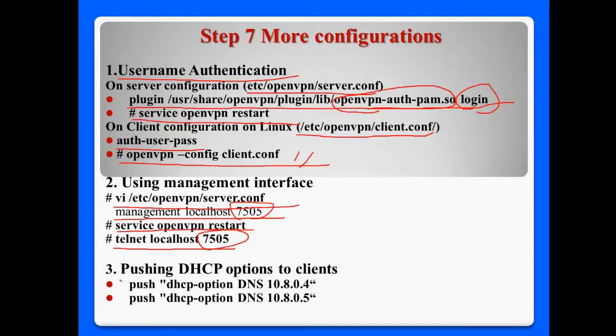Number 3, pushing DHCP options to the client. In the server file, we can add this kind of line, for example DHCP option DNS, where 10.8.0.4 and 10.8.0.5 will be the DNS servers for the client which wants to connect to the VPN server.